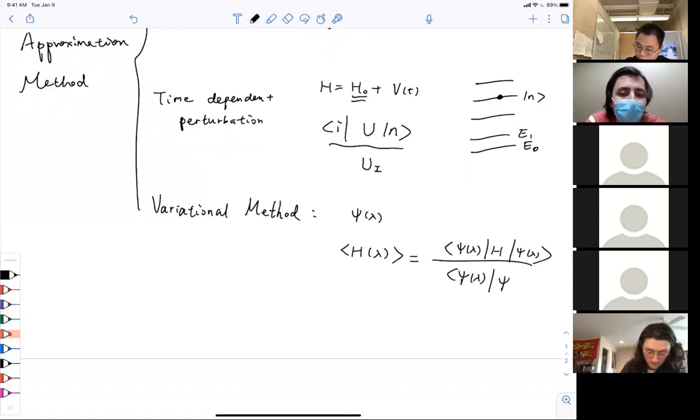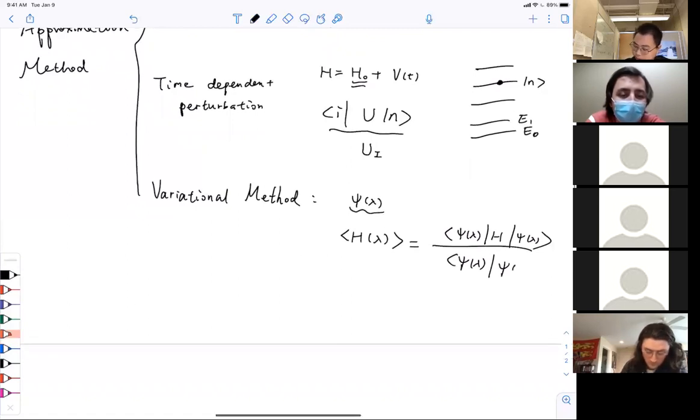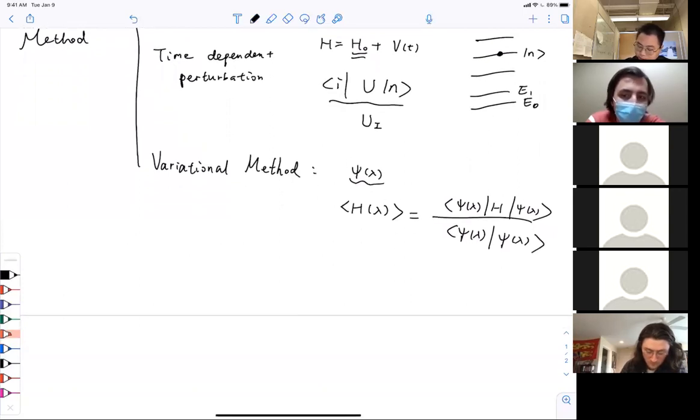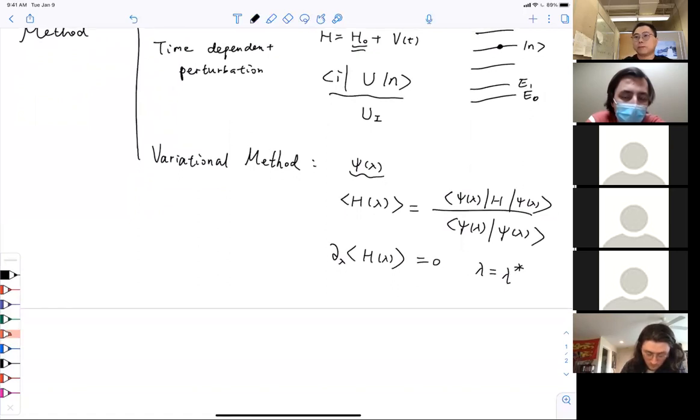If this trial function is not normalized, then we need to normalize it here, and then minimize our energy. We get the lambda we want, and then plug in. We get our approximate ground state energy. That's the approximation part.